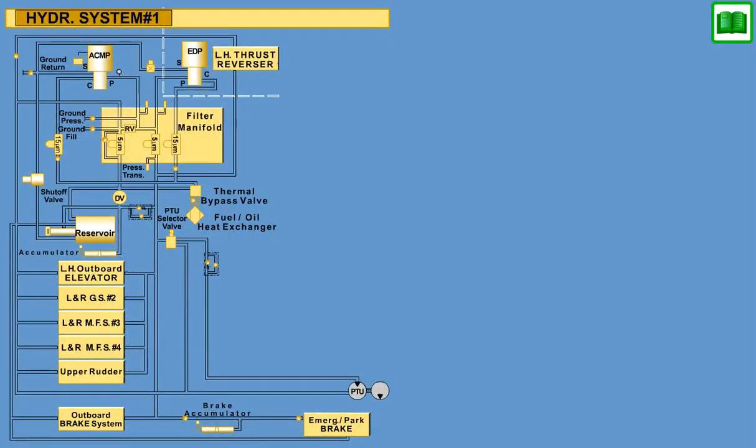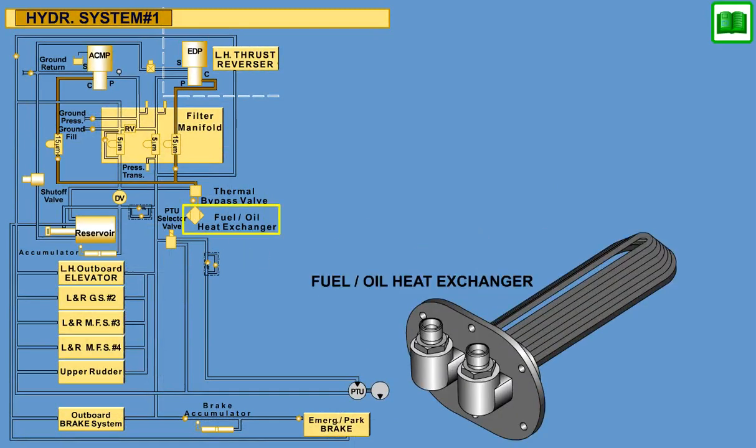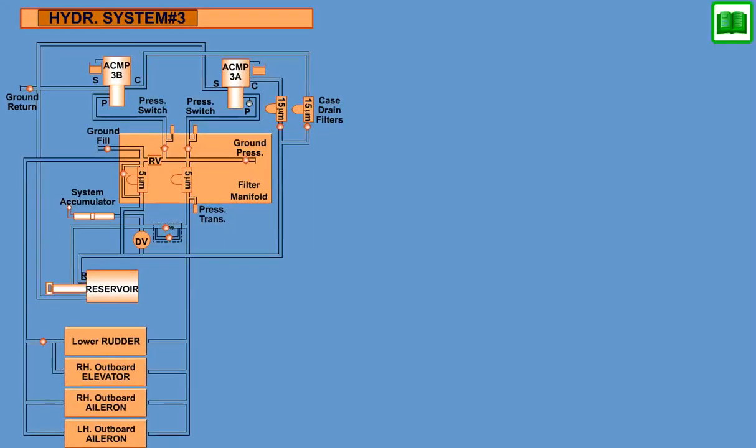The flow of pump case drain oil through a hydraulic fluid-to-fuel heat exchanger for systems 1 and 2 is designed to prevent temperature extremes. System 3 relies only on radiation and convection for dissipating heat.